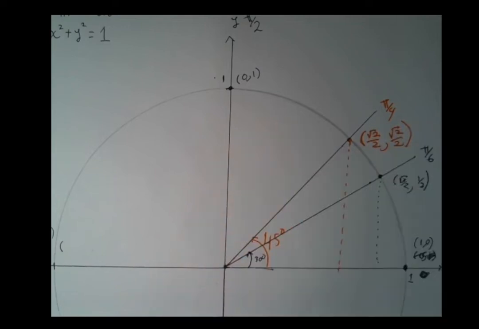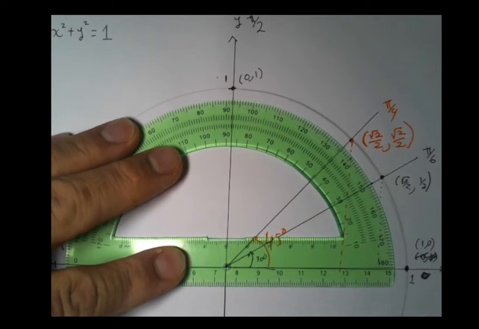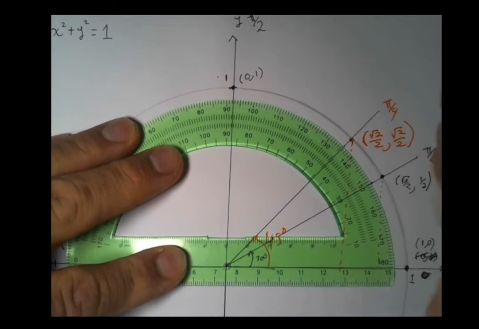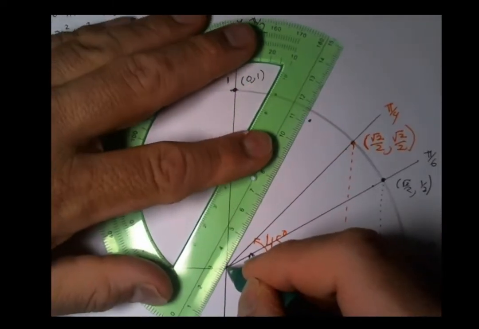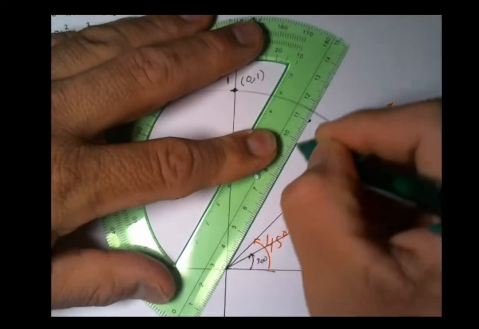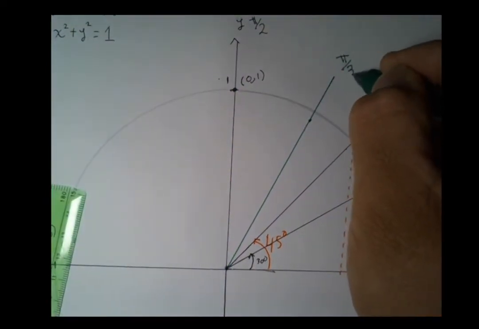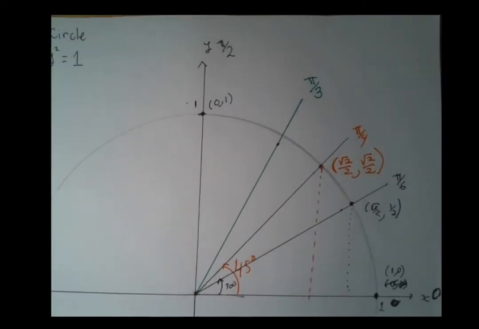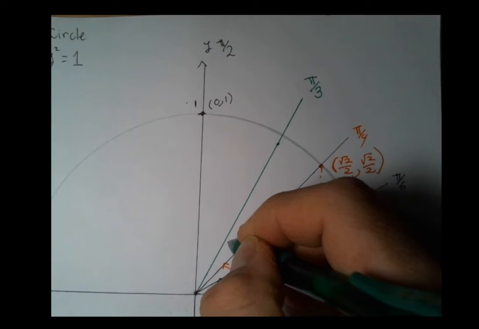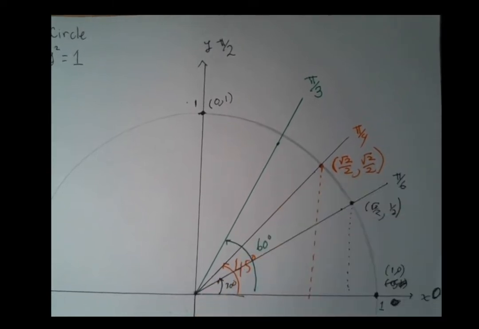Moving along, our next special angle is at 60 degrees, right about here, and 60 degrees is pi over 3. This is the angle swept up over here.